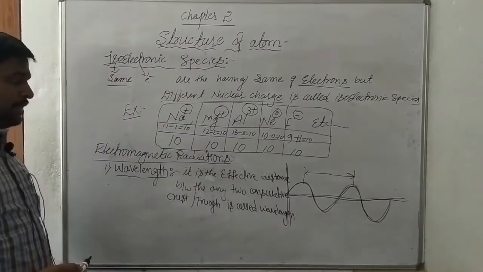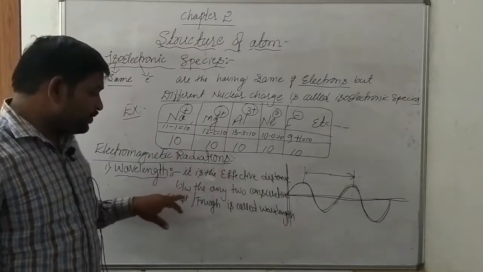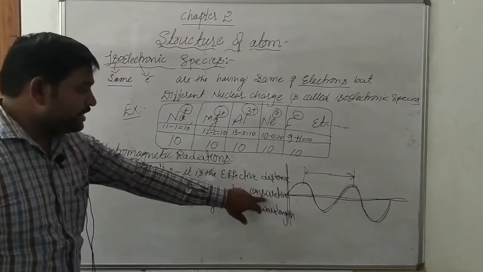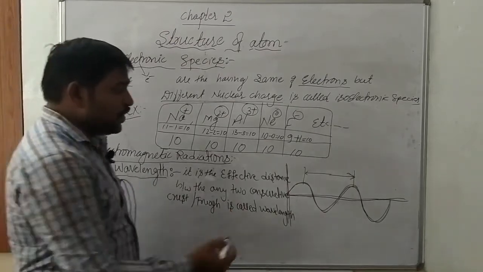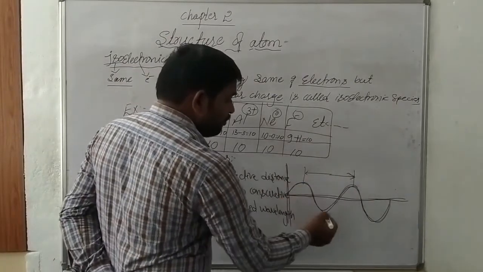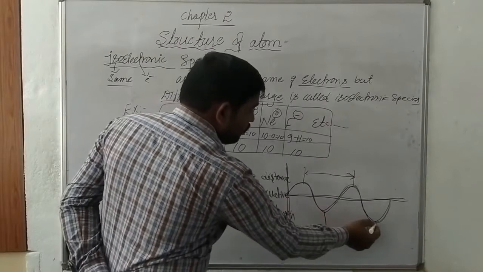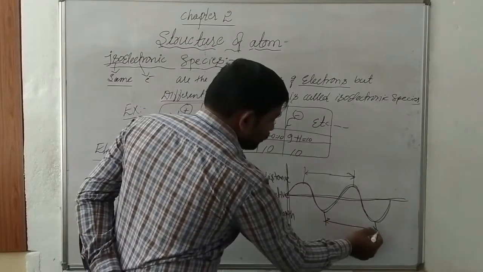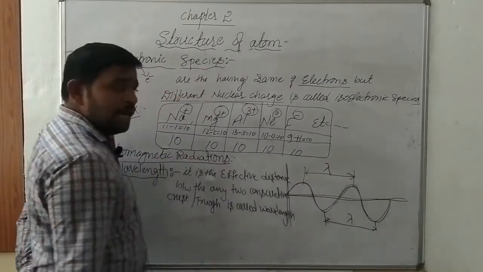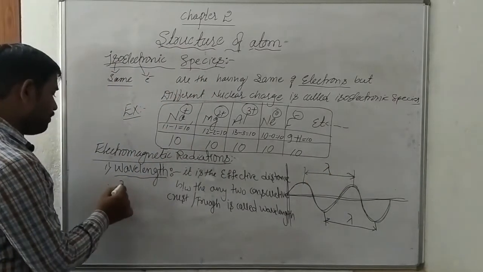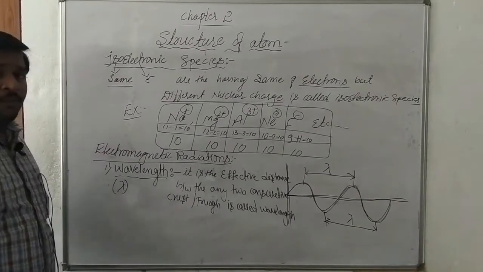What do you mean by wavelength? It is the effective distance between any two consecutive crests or troughs. The wavelength is represented by lambda. Lambda is the symbol for the wavelength.